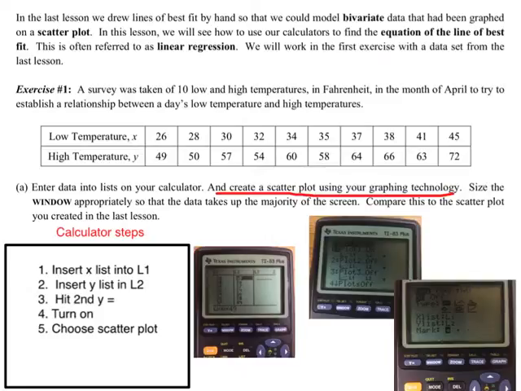So the first thing I want to do is insert my X into list 1 and insert Y into list 2. Remembering how we got there, we use the stat button and then type our information in.